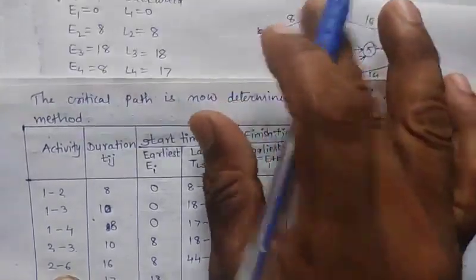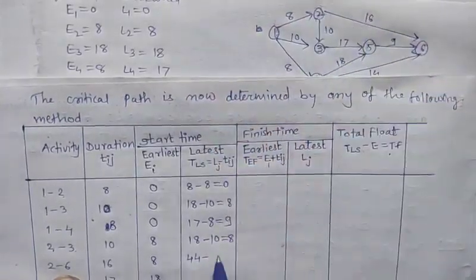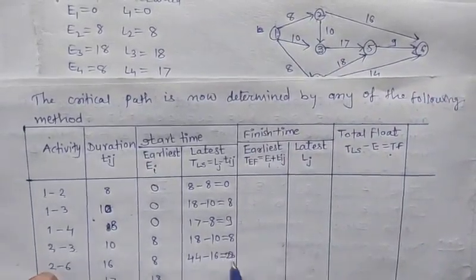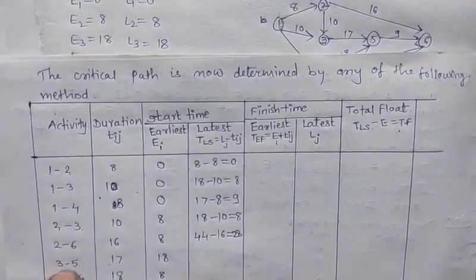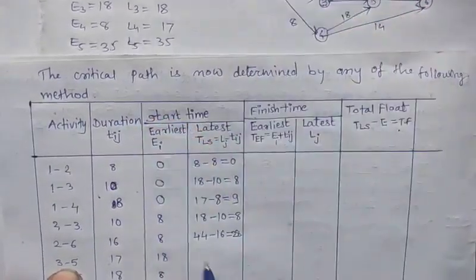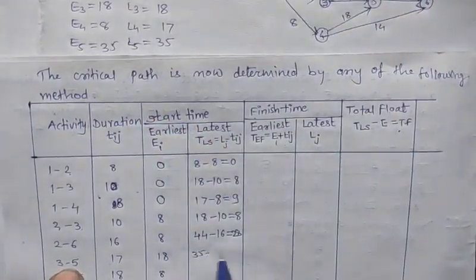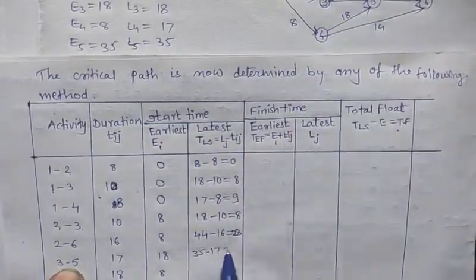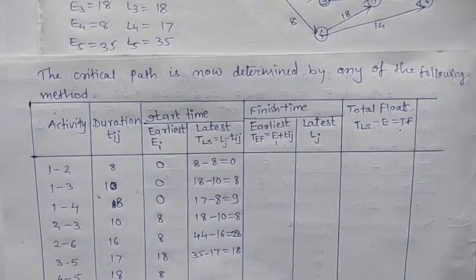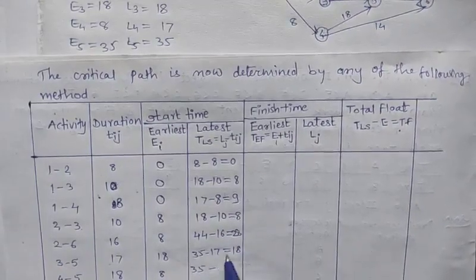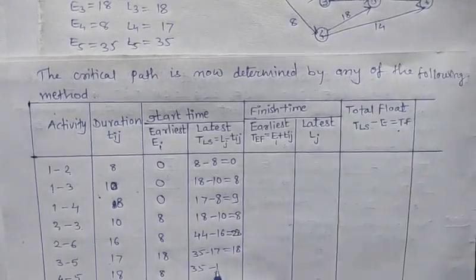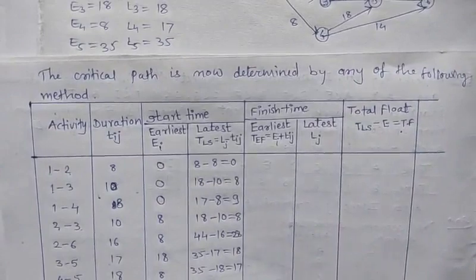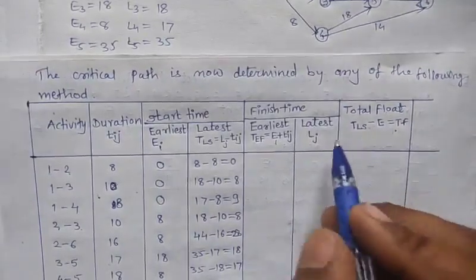In this table T26 has value 16, so we get 28. Okay. Next L5: the value of L5 is 35 minus T35. T35 is 17, which is equal to 18. Next L5 is 35 minus T45, which is 18, so the distance is 17. Next for L6, it is 44 minus T46.